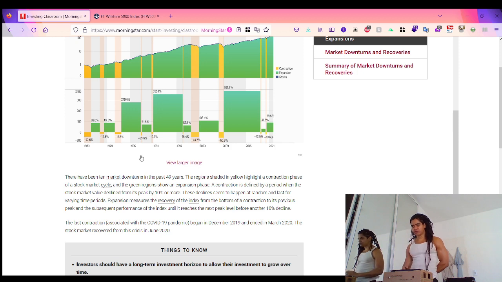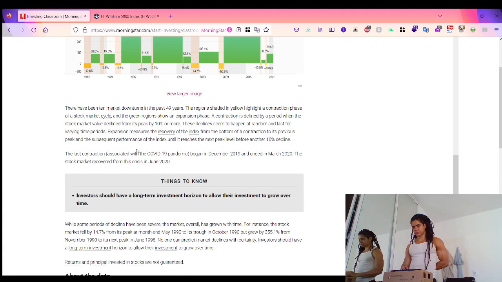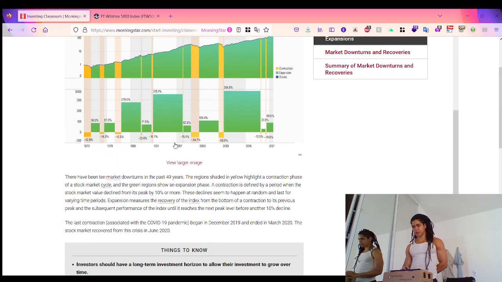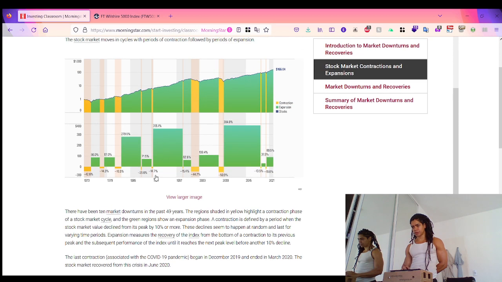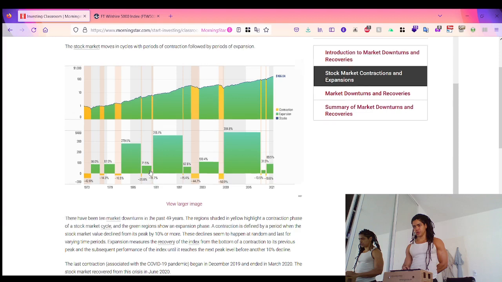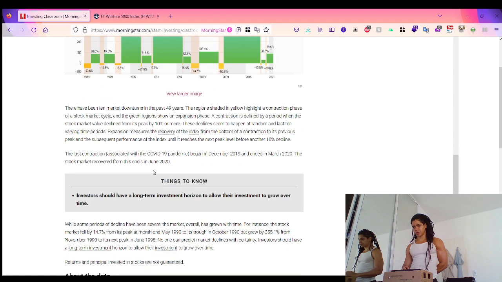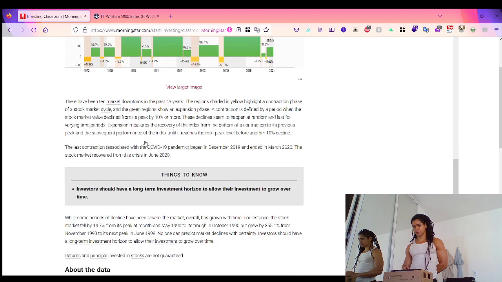And here it is describing that while some periods of decline have been severe, the market overall has grown with time. Here they're describing, for example, what happened in 1990.